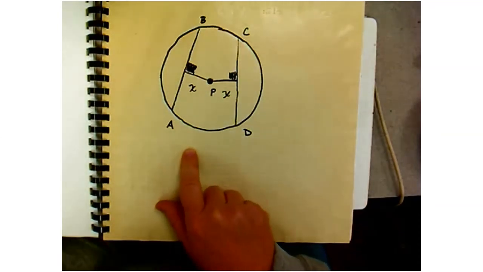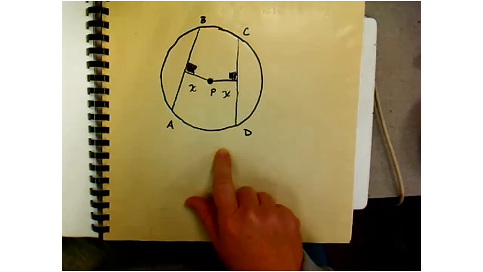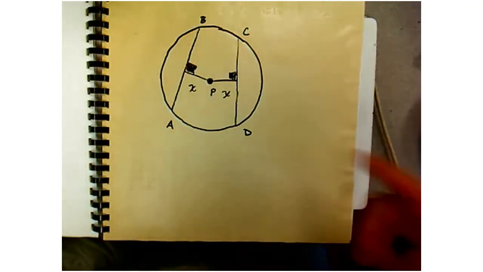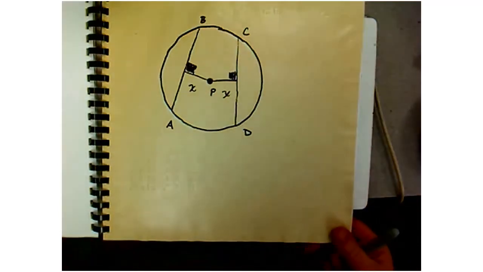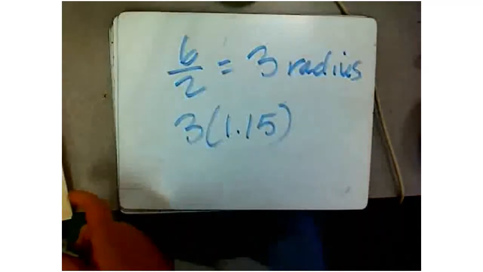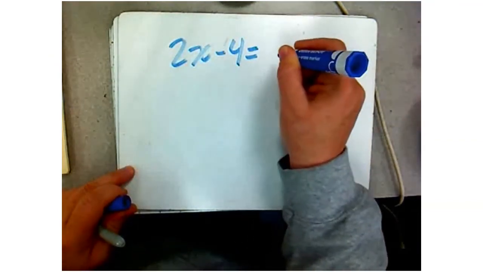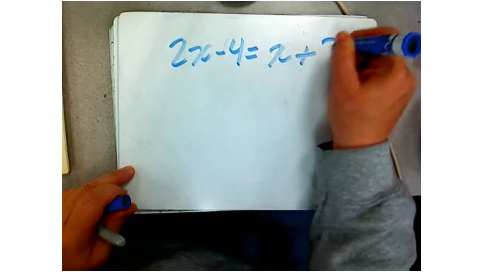AB equals 2x minus 4. CD equals x plus 3. All right. No big deal. What do we do? Make them equal. Yawn. Right? We're getting good now, aren't we? All right. 2x minus 4 equals x plus 3.